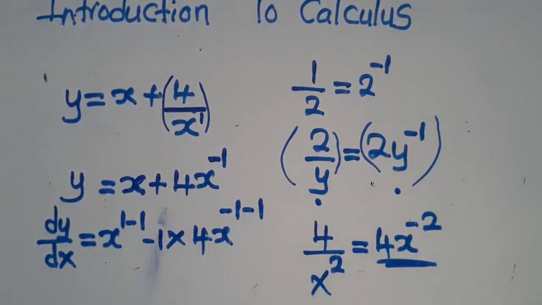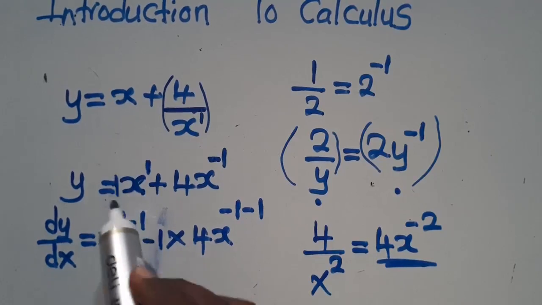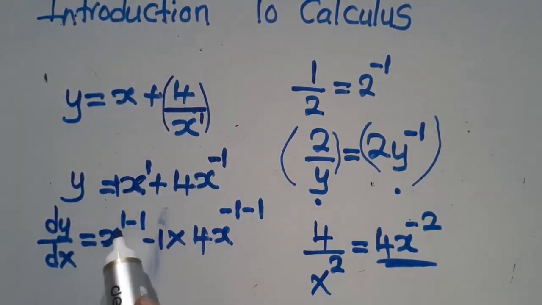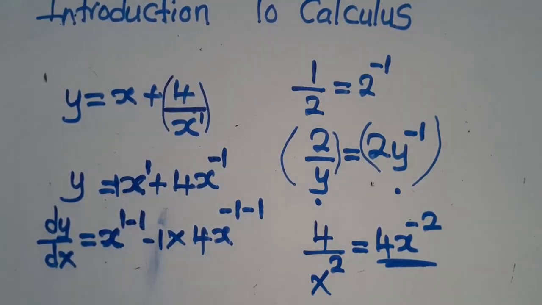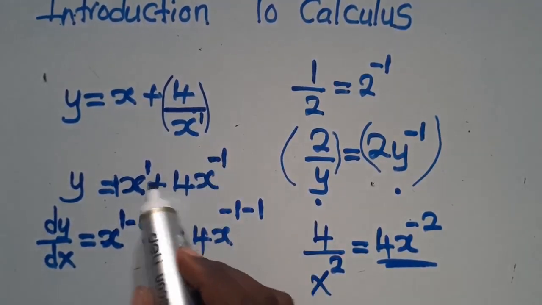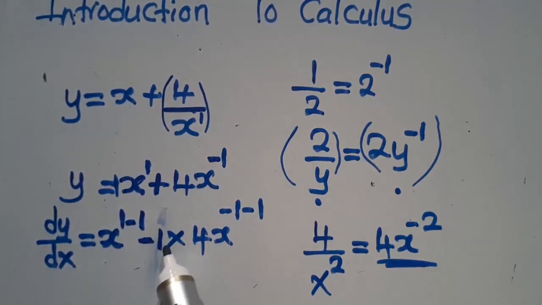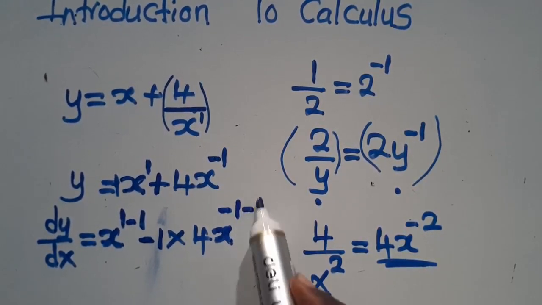There is 1 here, 1 times 1 is 1. You can't say 1x, you just say x. The power is 1, you remove 1. This is just part of the formula. You say minus 1. This is negative 1 times the positive 4, so negative 1 times 4, x maintains. The power is negative 1, so you say minus 1.